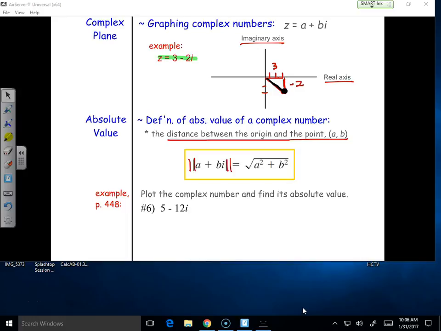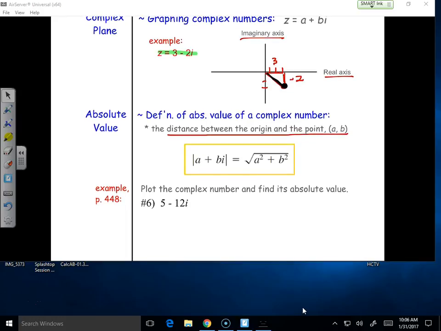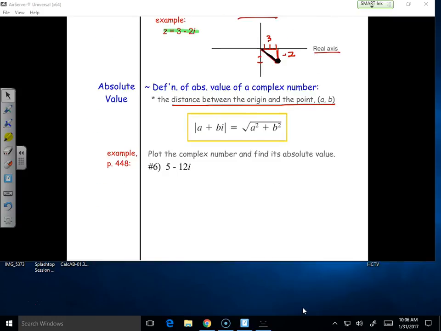With double lines. Okay, so with complex numbers, I know it's a little bit annoying, but the notation changes a little bit. It's just single lines. So when you see absolute value of a complex number, it's not actually talking about just make everything positive. It's talking about the distance, which we know because of vectors. That's just a squared plus b squared, square root. Pythagorean theorem. Because a and b are just horizontal and vertical components, right?